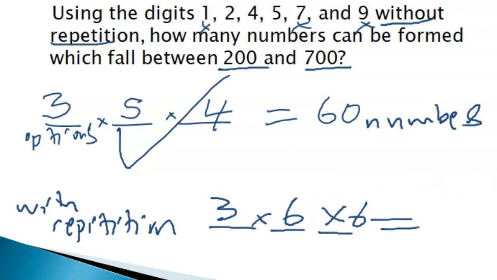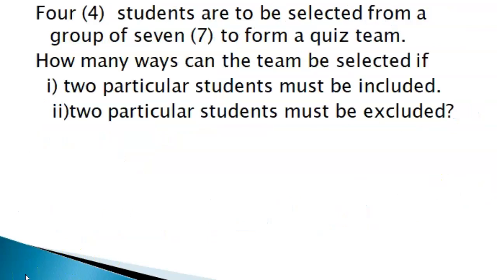4 students are to be selected from a group of 7 to form a quiz team. In how many ways can the team be selected if 2 particular students must be included, and part 2, 2 particular students must not be included.